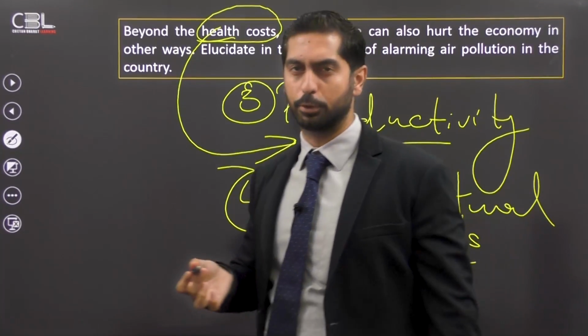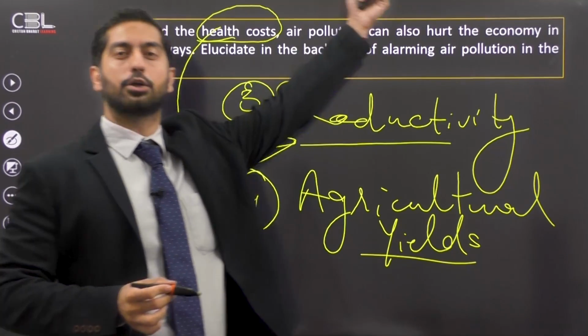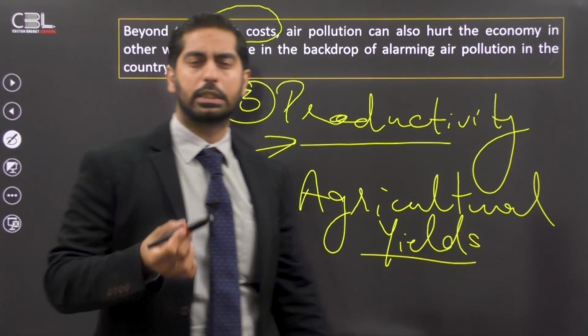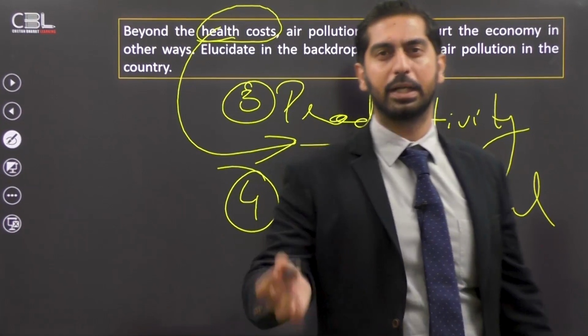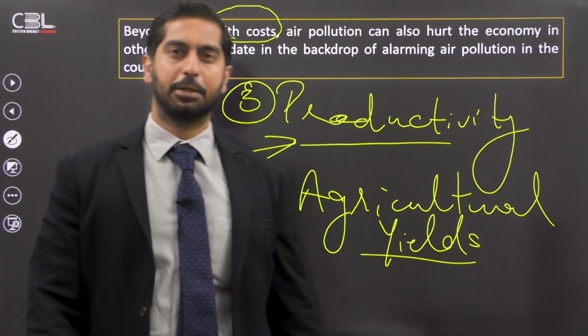So this is yet another way in which our economy gets impacted on account of air pollution. So these are the 4 ways that are coming to my mind, and you can suggest others as well, in which air pollution is hurting our economy.